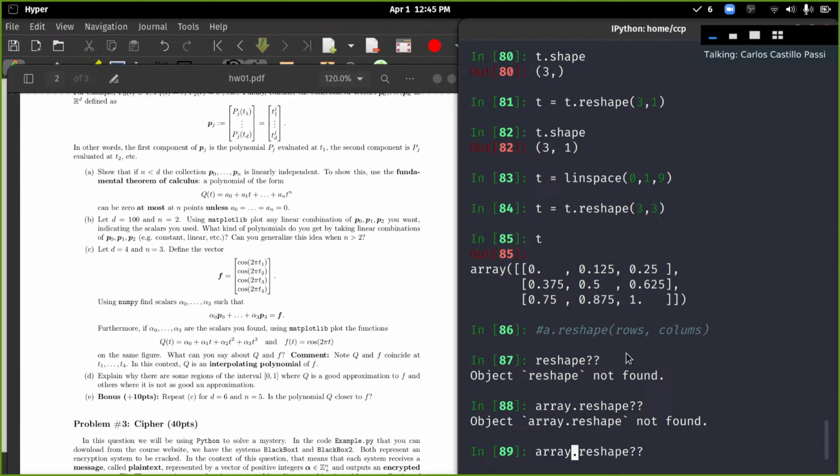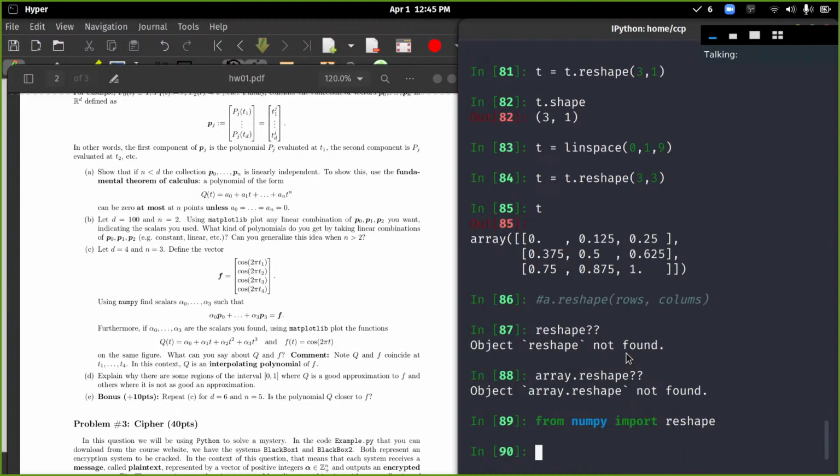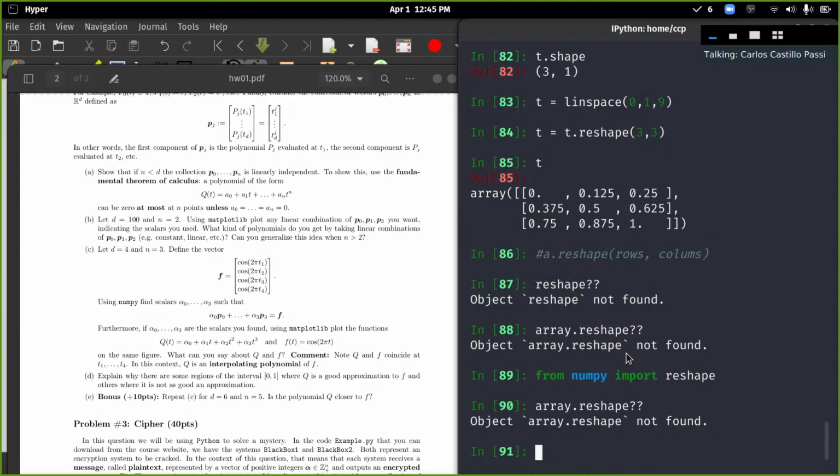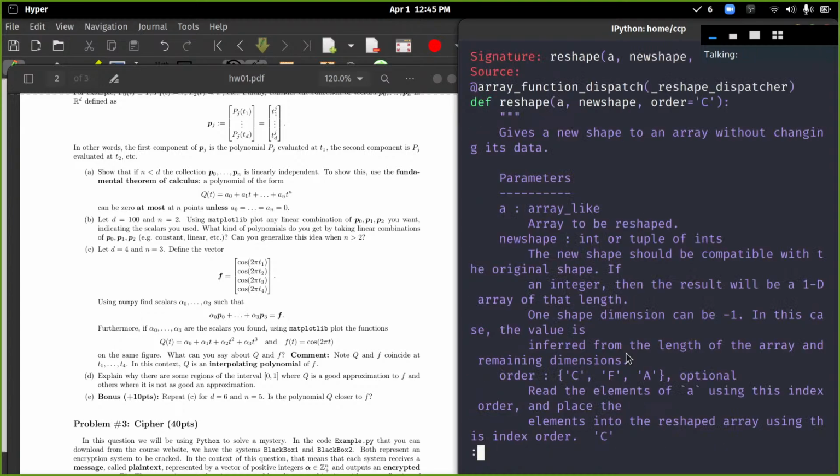Maybe I need to do numpy import reshape. Yeah. Whoops. Like that. And here you can see how to use the function.